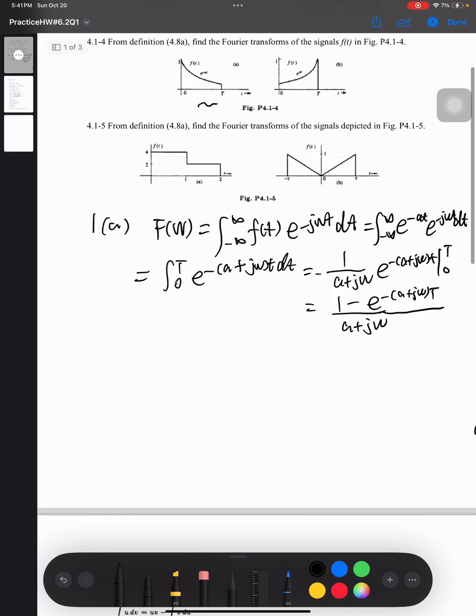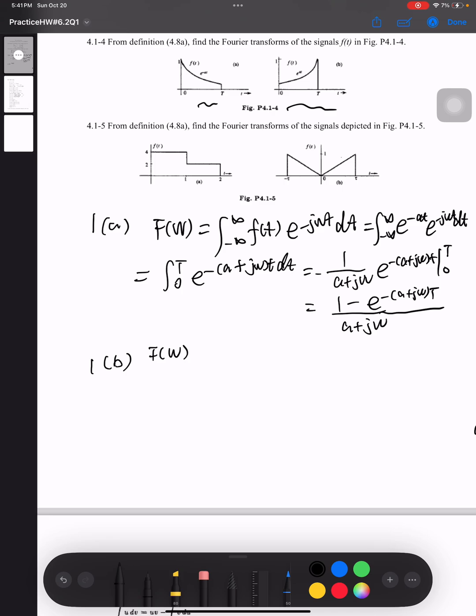And for the second, 1b, the only difference is the f(t) changes from e^(-at) to e^(at).